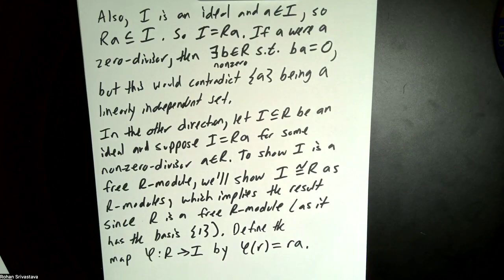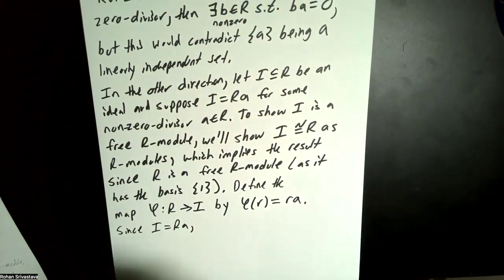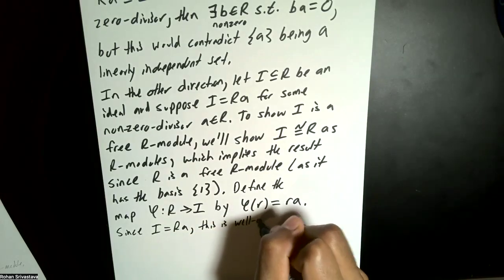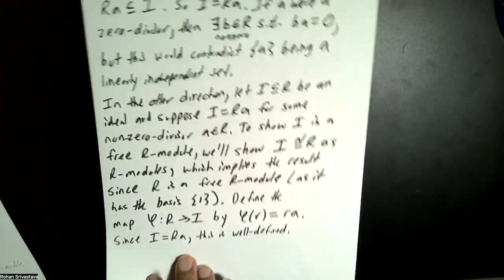Now, since I is equal to RA, phi is spitting out something in I, so this is well defined. Now we have to show that phi is an R module isomorphism, and to do that, we have to show that it's an R module homomorphism and that it's a bijection.